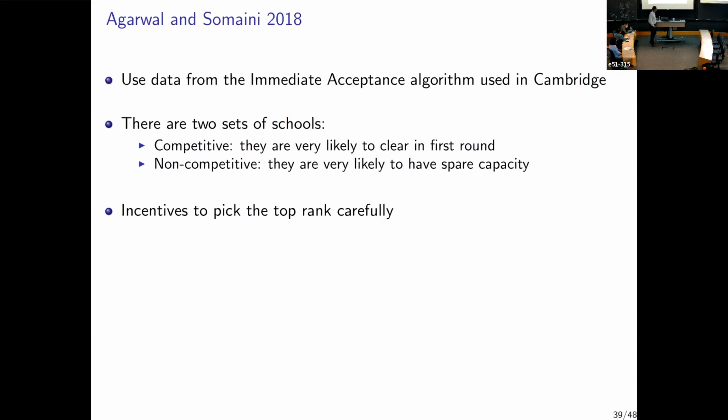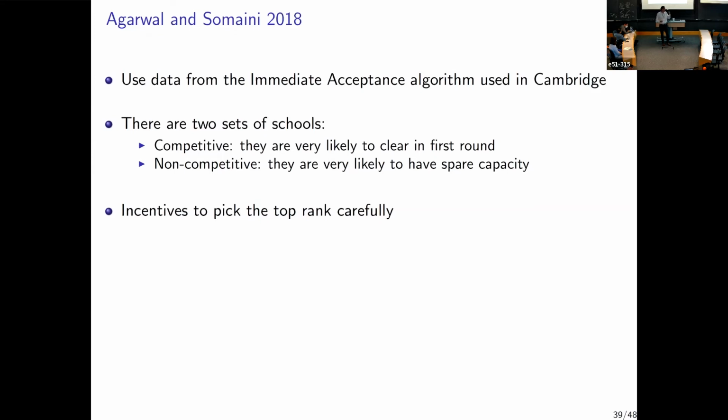Or you could try to go for one of the competitive ones. If your second one is non-competitive, then probably you want to rank the competitive school first, because if I get it, great. If I don't get it, I get into my safety school, where I'm going to get in for sure.